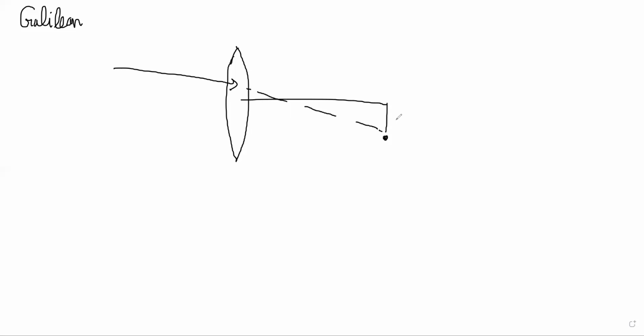This is supposed to be your AB. Then you put a concave lens in the middle here. The real rays which are coming like this and trying to form an image here, this is at FE.